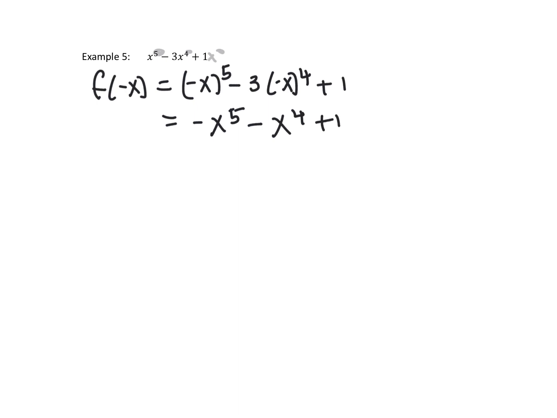And from here, because I see this is not like the original, I know that's not even, because that's not the same as that. I can note here not even. I just have to check odd now by factoring out the negative to see whether it's going to look like the original.